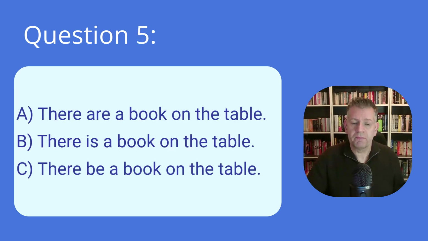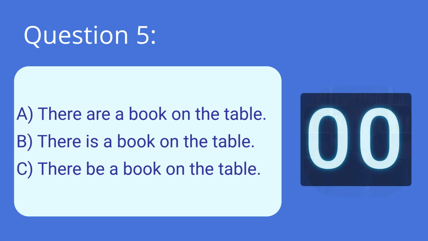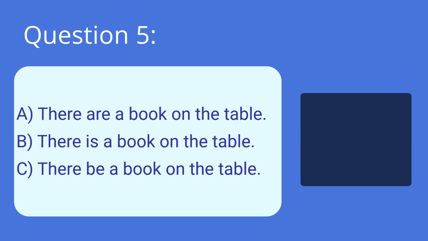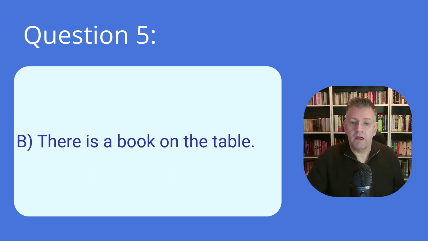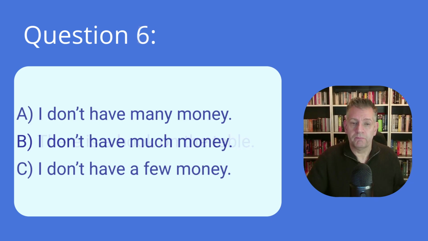Question 5. A, there are a book on the table. B, there is a book on the table. Or C, there be a book on the table. The answer is B, there is a book on the table.